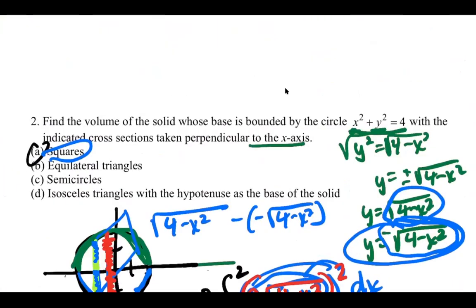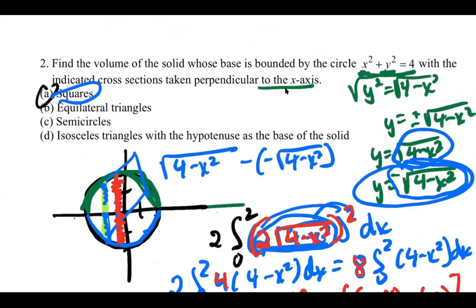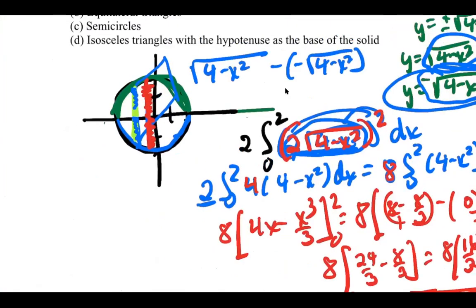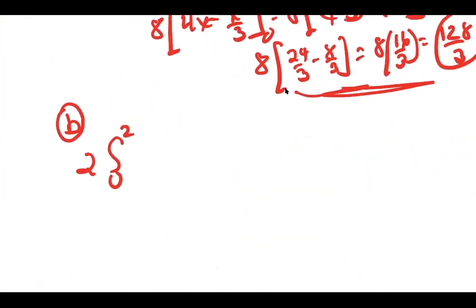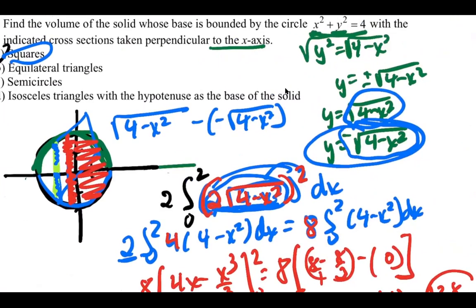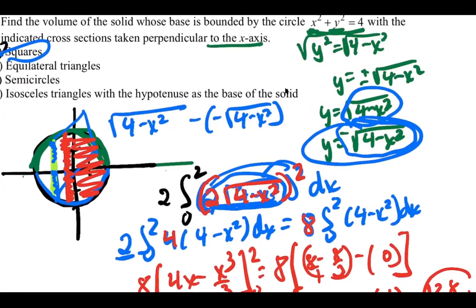Let's do B. All right, B coming up out of it are equilateral triangles. So I can go, great, I'm going to double it from 0 to 2. And so I'm going to get this side of it and then double it. Equilateral triangles are square root of 3 over 4 times the side squared, dx. All right, so square root of 3 over 4 times side squared, and the side is this whole entire thing.